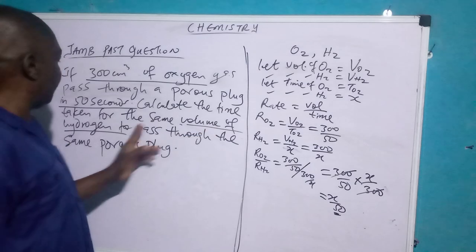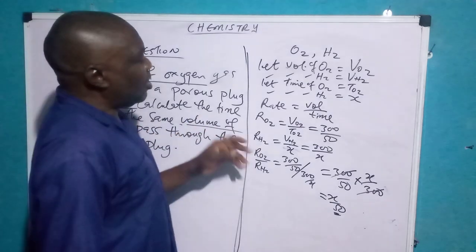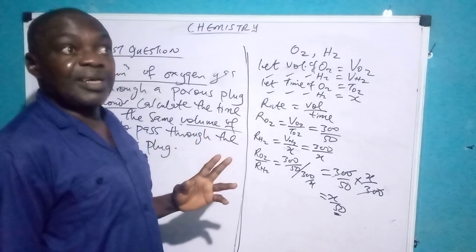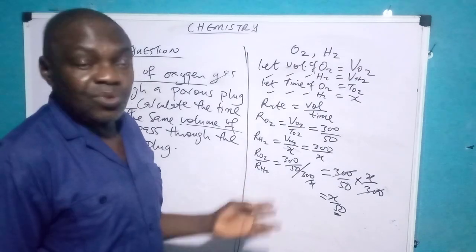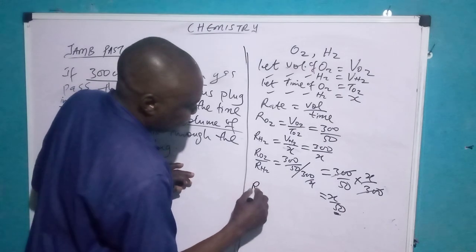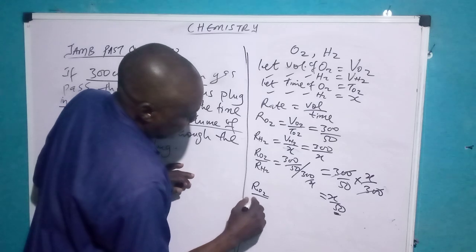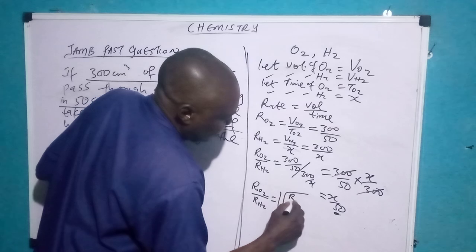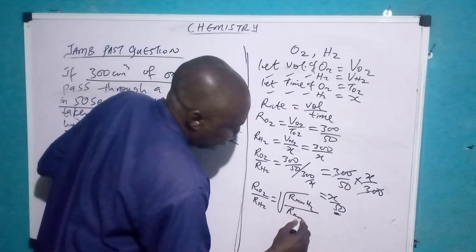So he said, calculate the time taken for this to happen. Because they gave us the elements involved, we have to use the relative atomic mass of the elements. If they are compounds like SO2, H2O, we also use the molecular mass. So in this case, we say rate of O2 over rate of H2 equals the square root of relative molecular mass of H2 over relative molecular mass of O2.